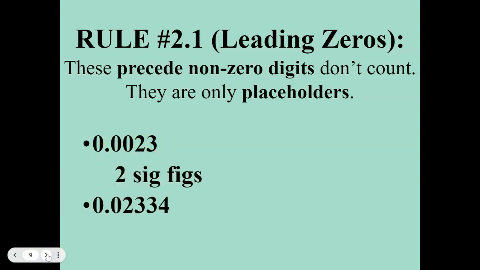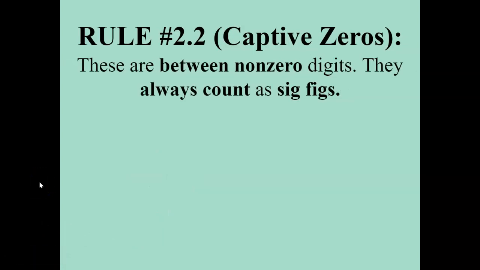Okay? And here, again, we have the same thing, 0.02334. These zeros are leading zeros. They don't count. And so there's only 4 Sig Figs here because there are 4 non-zero numbers. Okay, so 4 Sig Figs. Next up is our captive zeros. If you're held captive, you are in between 2 things.